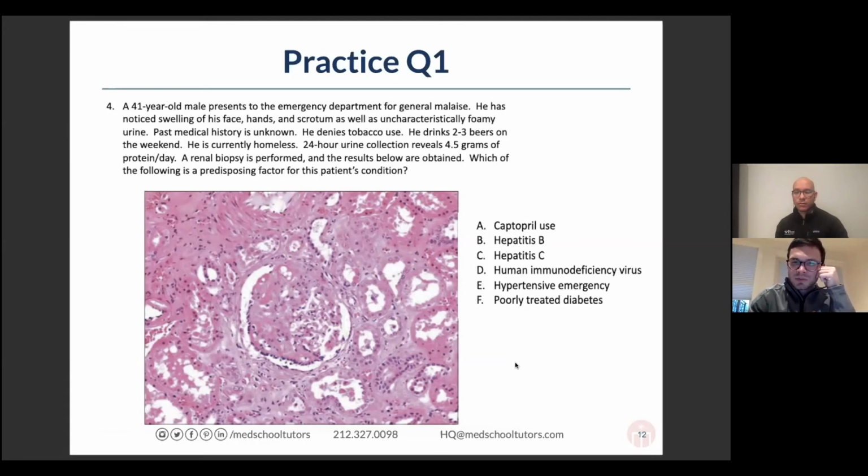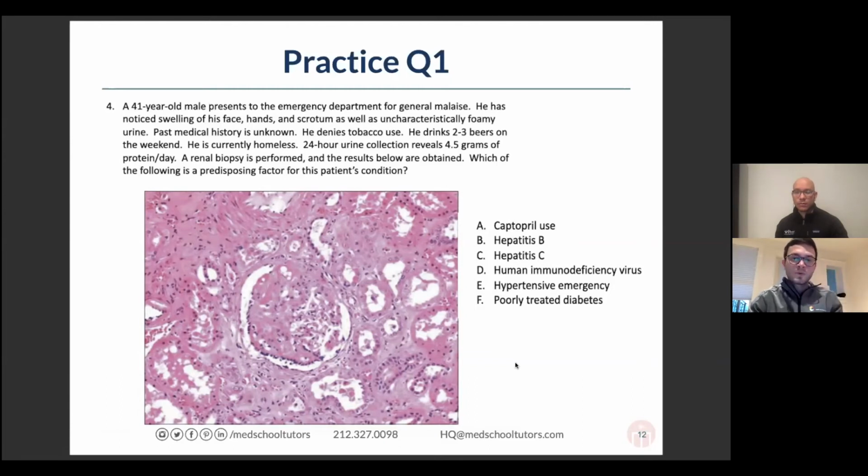I'm between B, C, and D. If I'm a test-taking guess person, I might be like B and C are both chronic infections of a particular flavor. I know Hep C does cryoglobulin stuff to the kidney. Hep B is the membranous one that I was thinking about. And then I would look at this picture and I would be like, yeah, it looks like I have some scar in some places. And that to me seems more FSGS.